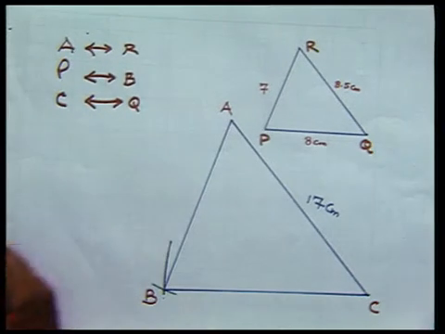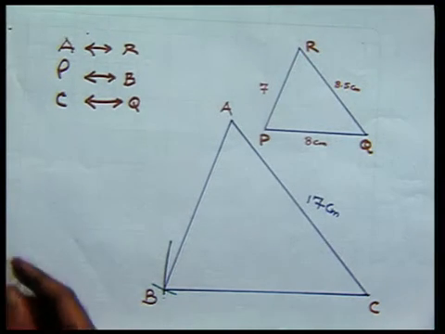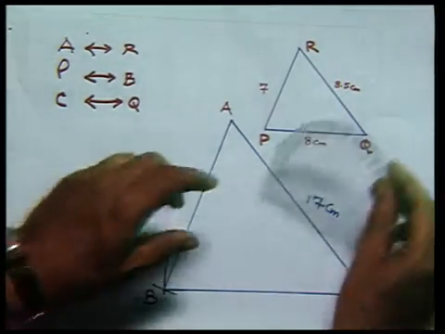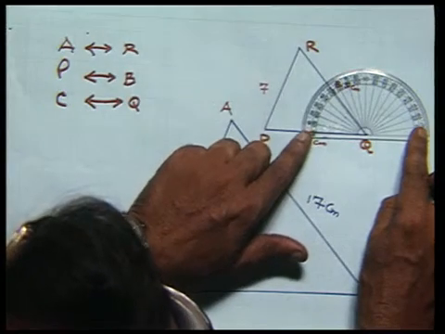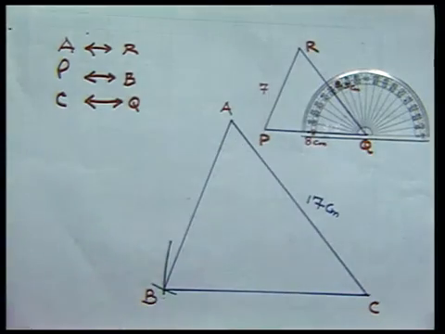Now, let us see the other condition of similarity, that is whether the angles are equal or not. So, I will measure the angles of the given triangle, that is the triangle PQR. Here this angle Q is 50 degrees.